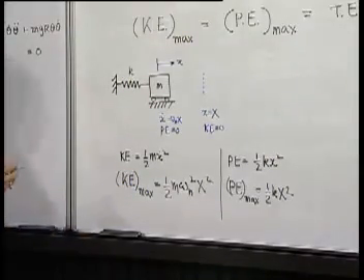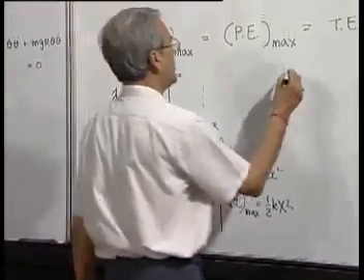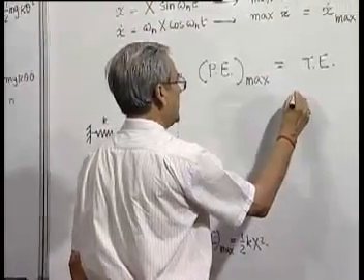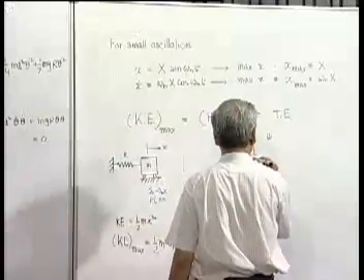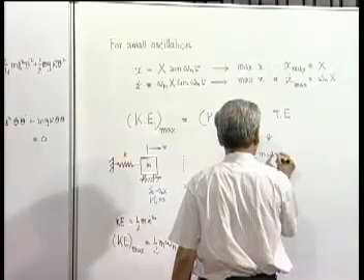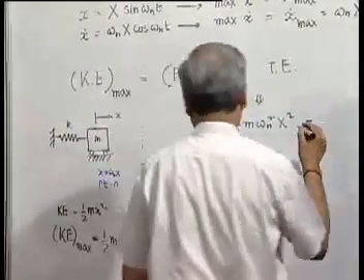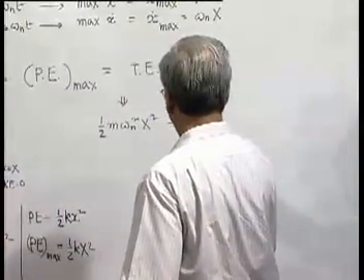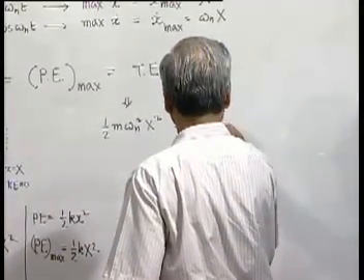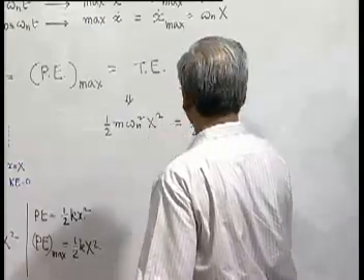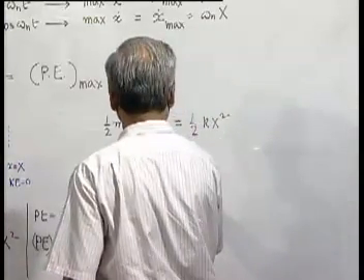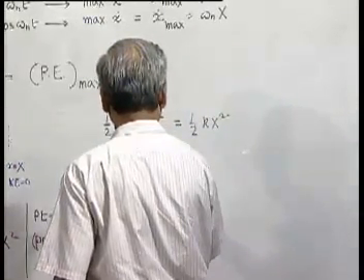Now if we equate maximum kinetic energy to maximum potential energy, this will give us in this case half m omega n square capital X square is equal to the maximum potential energy, which is half k X square. X square cancels, and this gives us directly the expression for omega n.